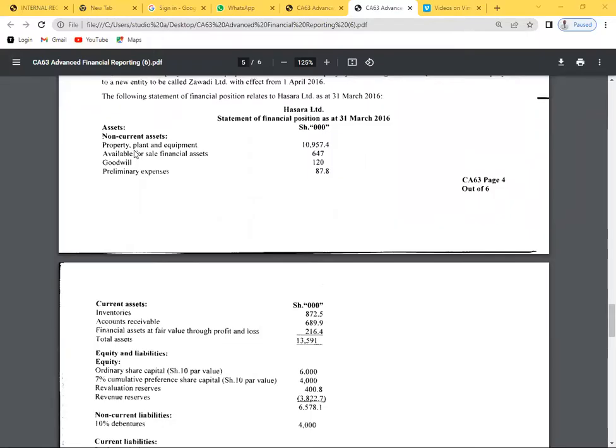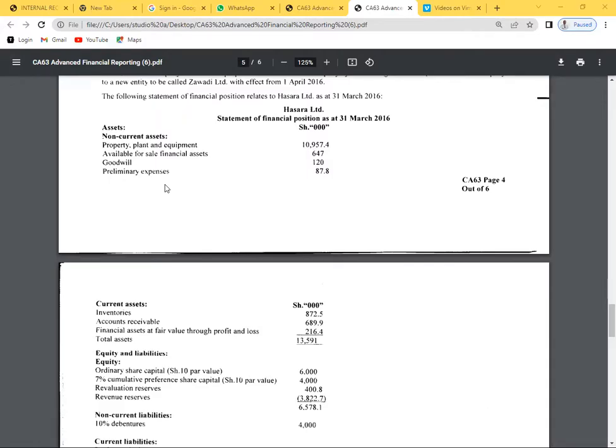Alafu unaenda kwa kwanza tutapata time kidogo mkopi hizo. Kumbuka hizo unachukua at book value, not at market value. Like PPE, it is 1,093.57.4. We have available for sale is 647. We have inventories down there, it is 872.5.